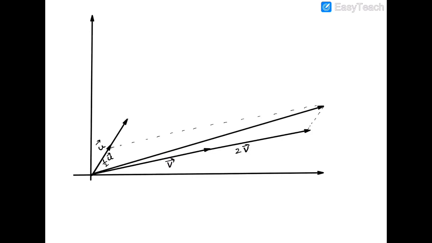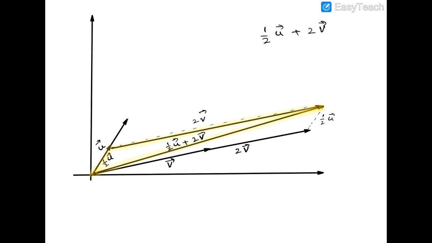Then this diagonal line represents the resultant of half u and 2v. So half u plus 2v is a linear combination of u and v. Similarly, we can get infinite combinations.